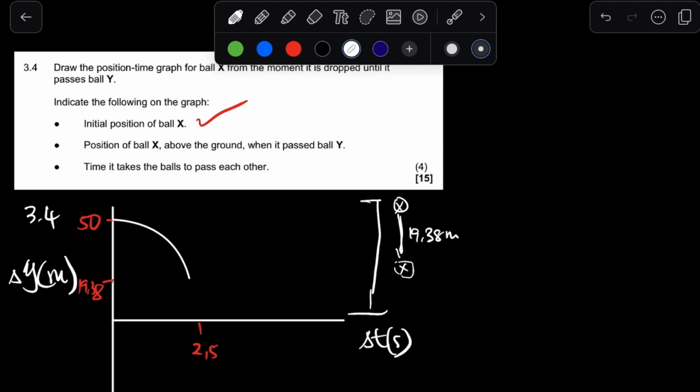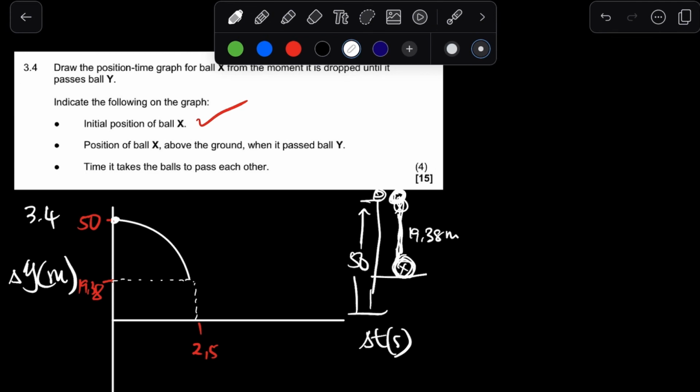It was already at the 50-meter height. It was there, the ball X from the height. So that's why I start my graph there, and then it covers this distance to the meeting point, or where they pass each other. So the curve is going to stop there, and then the time it took is 2.5 seconds. So this is what you're supposed to show on the graph.